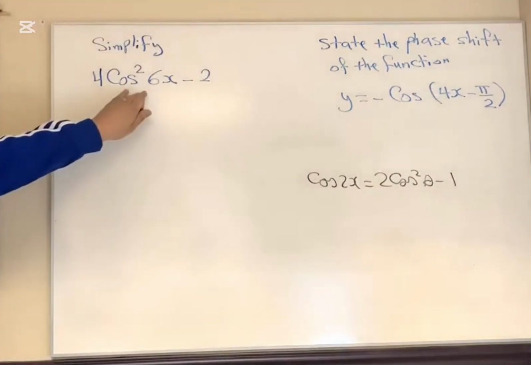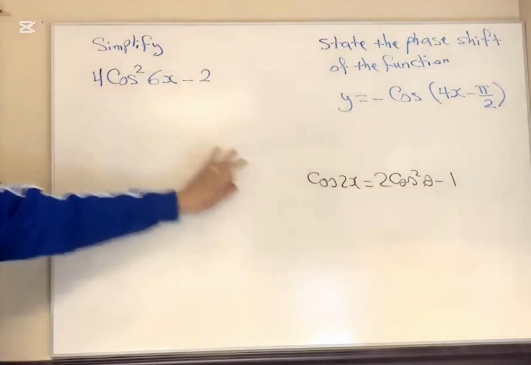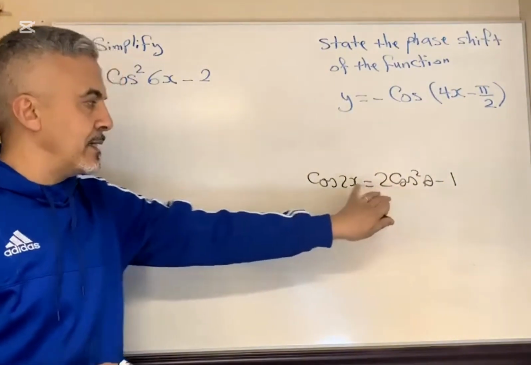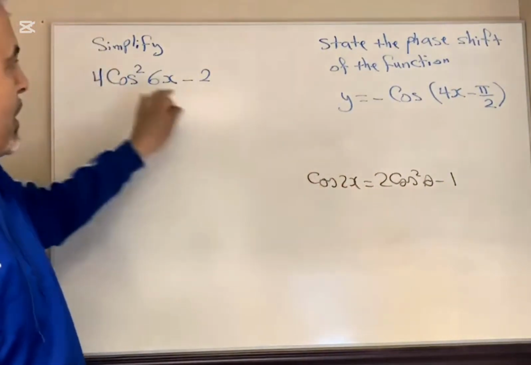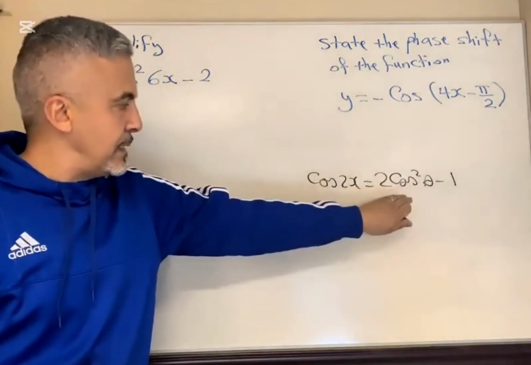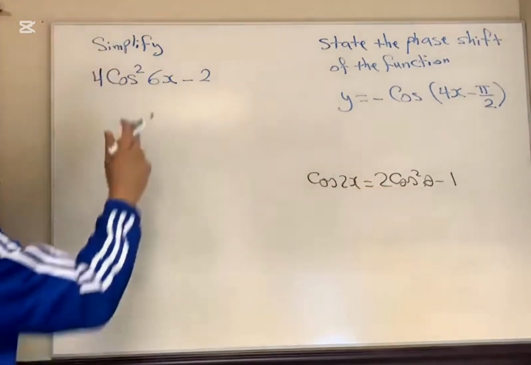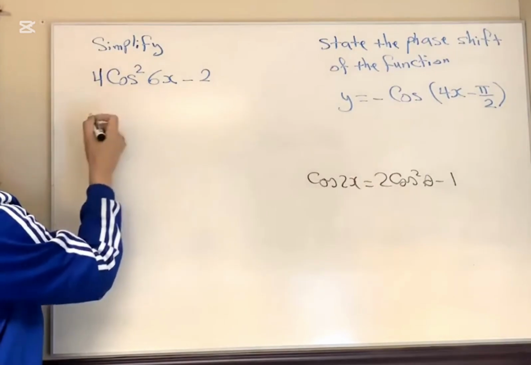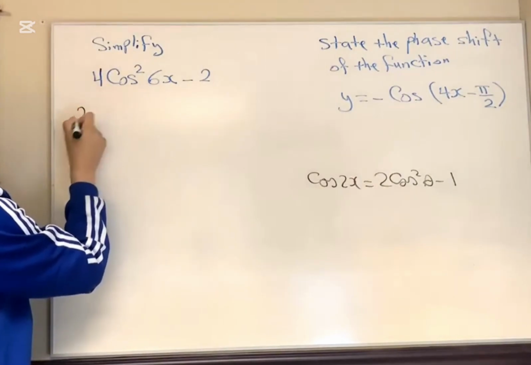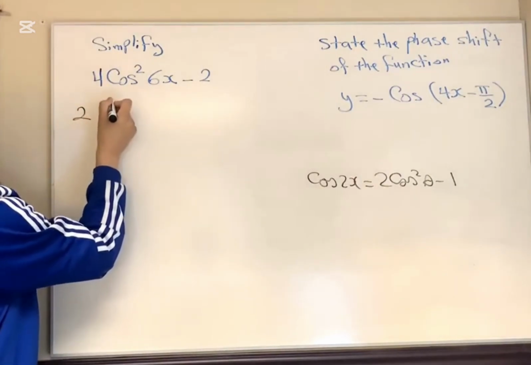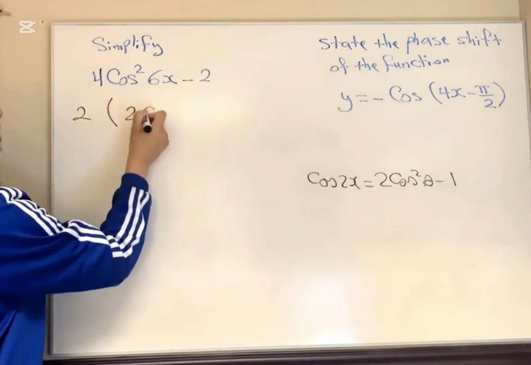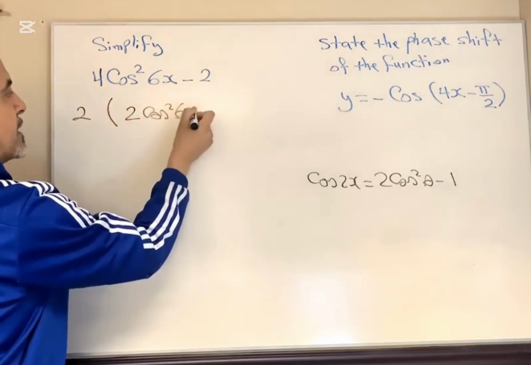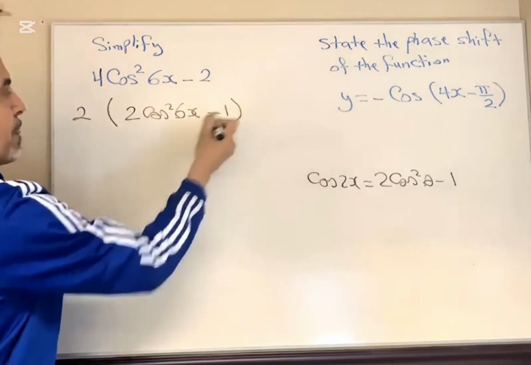So when I see this, I should be able to think, it looks a bit like this, doesn't it? So we have to manipulate this to make it look like this. And to manipulate this, the first thing I have to do here is take out the greatest common factor, and the greatest common factor is 2. So when you take that 2 out, you're going to end up having in the brackets 2 cos squared 6x minus 1.